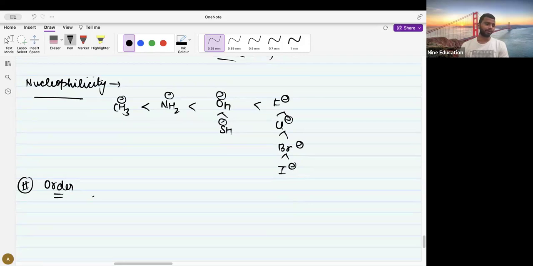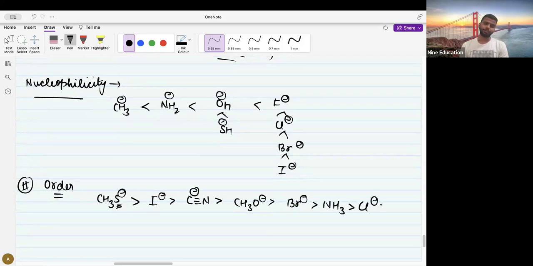Order, remember, let's say we have CH3S minus, sulfur. Always remember sulfurs are always good nucleophiles. Then we have I minus, then we have CN minus, then we have CH3O minus, then we have bromine minus, then we have ammonia, chlorine, fluorine, last is CH3OH.